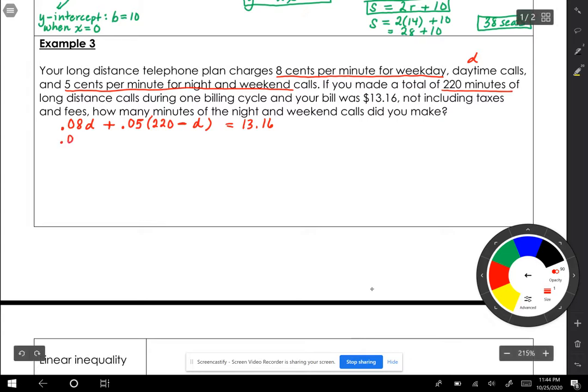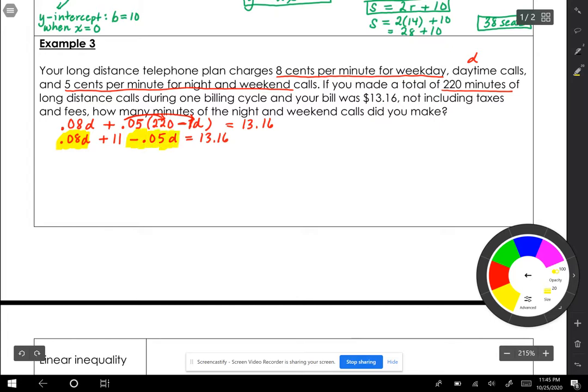So 0.08D plus, distribute here, 0.05 times 220, and then 0.05 times negative 1D. That 0.05 times 220 is 11, I used my calculator. Minus 0.05D equals $13.16. I'm going to combine the 0.08D minus the 0.05D, because they're alike.